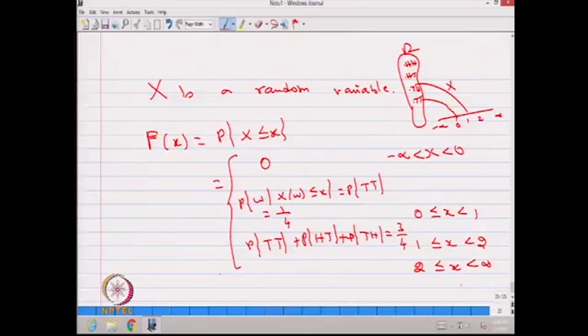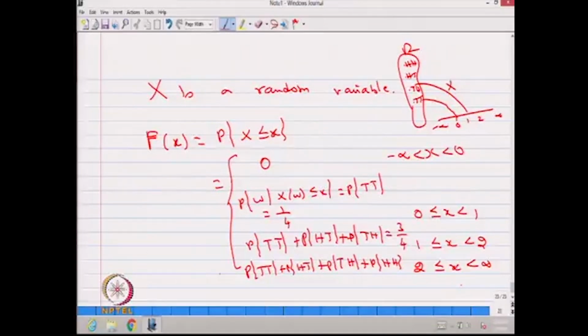When x lies between 2 and infinity, this is going to be probability of TT plus probability of HT plus probability of TH plus probability of HH, because that gives the value 2.